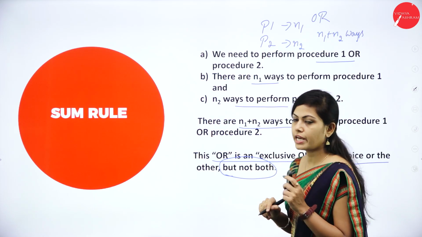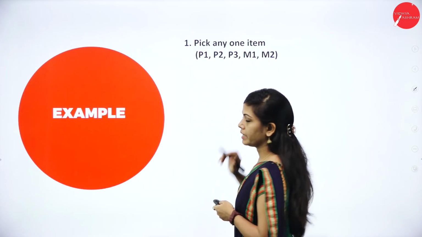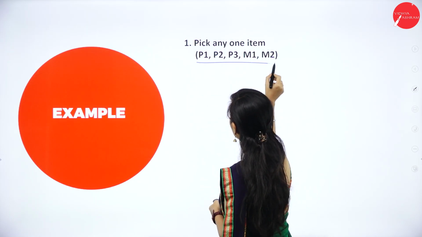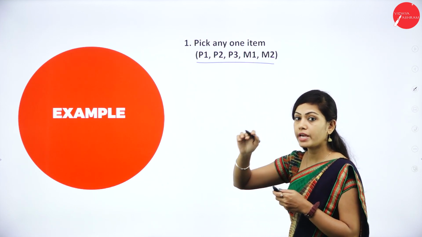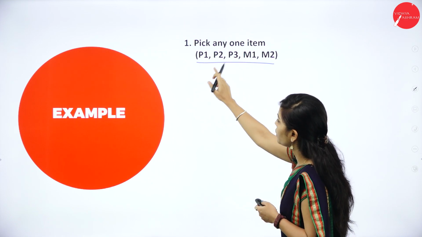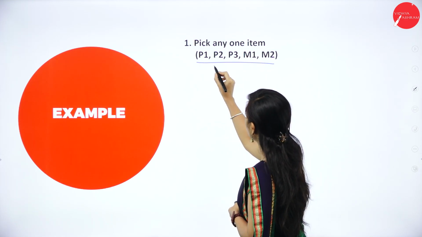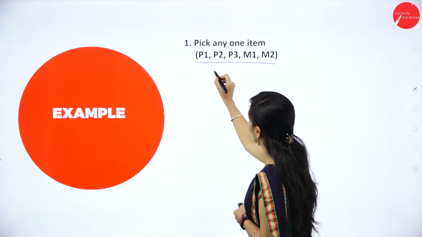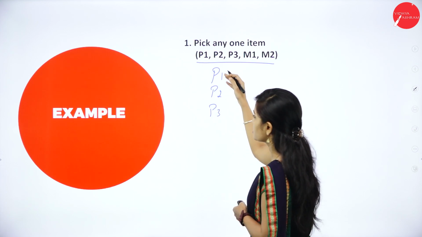Let us understand with an example problem. The first problem is to pick any one item. Here I have P1, P2, P3, M1, M2. In how many ways can we pick from P1, P2, P3, M1 and M2? This is your question. So I can pick P1, P2, P3, so 3 ways.